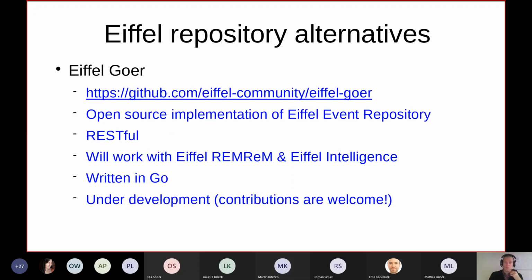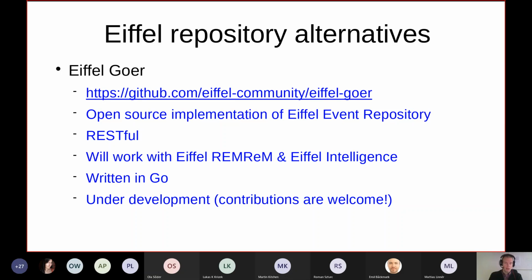Another one that's supposed to be compatible is Eiffel Goer, which Tobias recently has initiated, and I'm also one of the maintainers. It's an open source implementation of the same API, or, well, technically it's a subset of the API. We're looking into publishing the event repository API from Ericsson's implementation as a reference API, so that both event repository implementations and client implementations can use this specification.